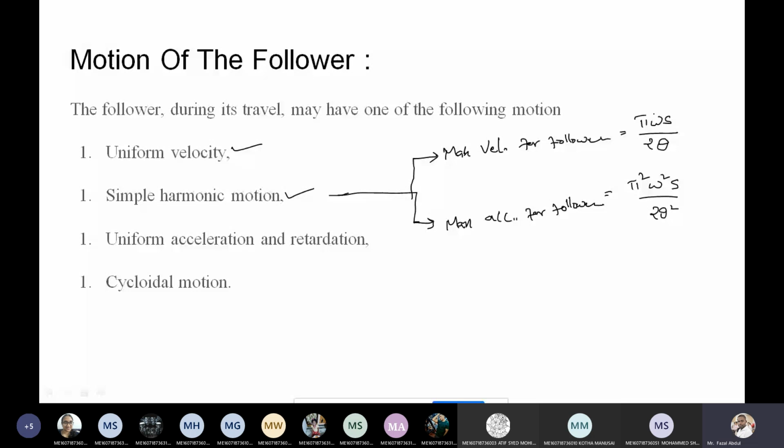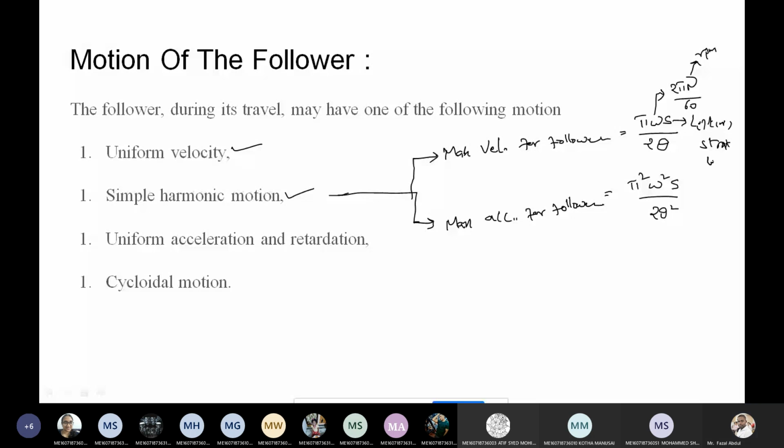Now what is omega here? Omega is 2 pi n by 60. Okay, n value will be given in the question as rpm. Now s is the lift or stroke length.